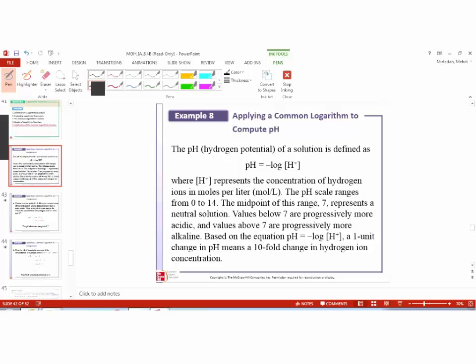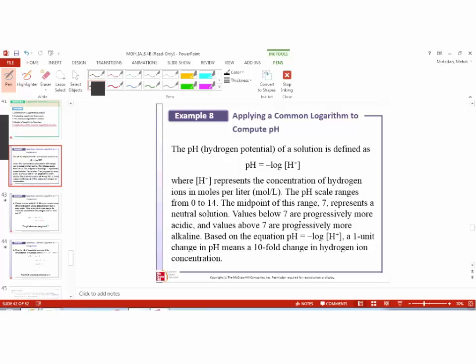That represents the concentration of the hydrogen ion in moles per liter. The pH ranges usually from 0 to 14, and the midpoint is 7. When the pH is equal to 7, that represents a neutral solution.